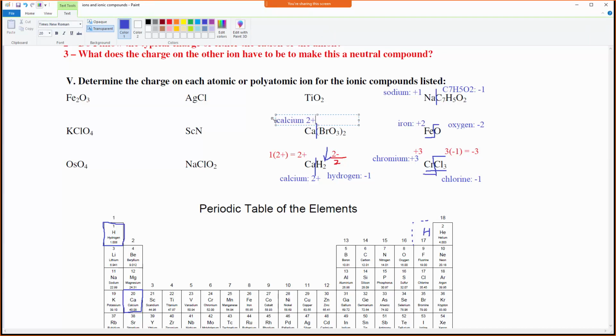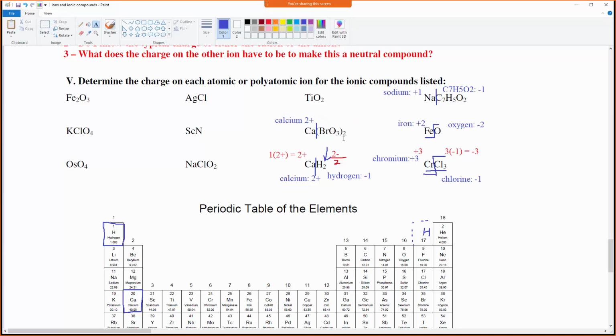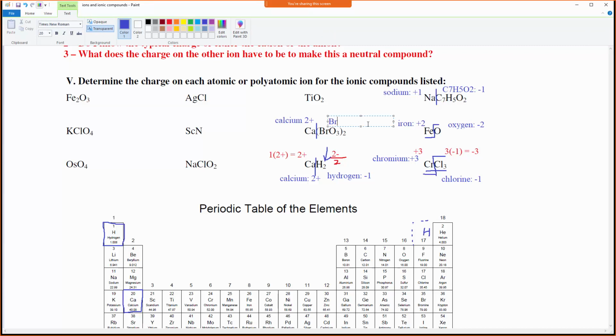And so then if I look at this guy over here, it's got to have a negative. It's going to be kind of like we just did here, right? Total, it's got to be a -2 contribution. But there's 2 of them because we've got parentheses now, which means that each of those BrO3 ions has a charge of -1.